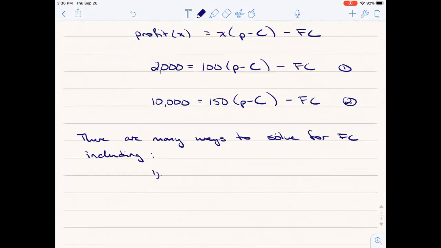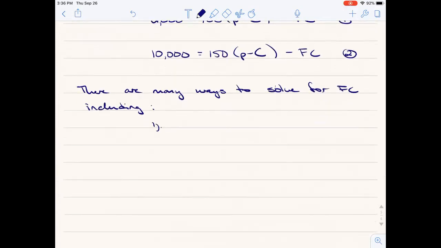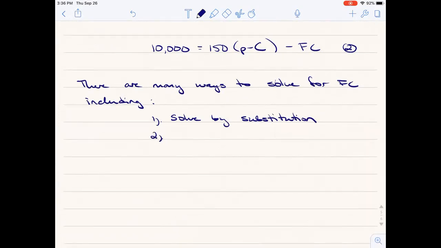So you won't be able to find what P is and what C is, but if you treat them as one thing, you can find what P minus C is. And so solve by substitution. Or by elimination.